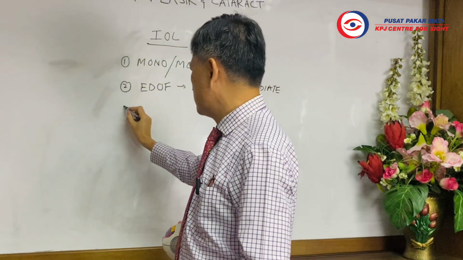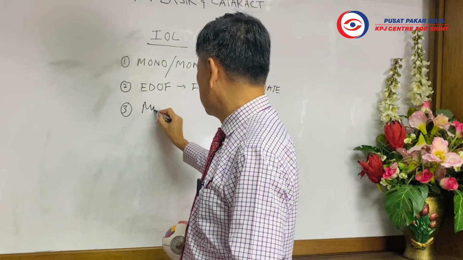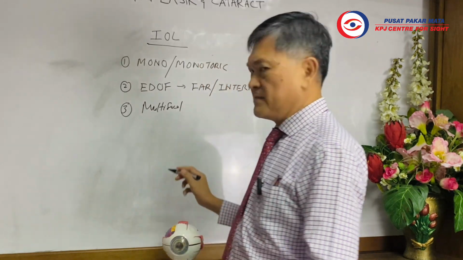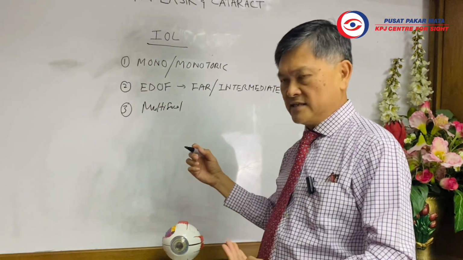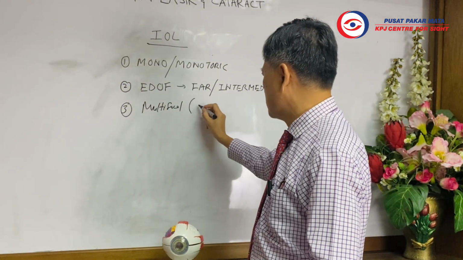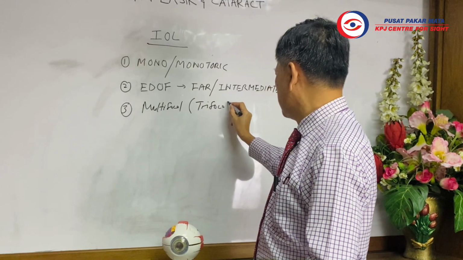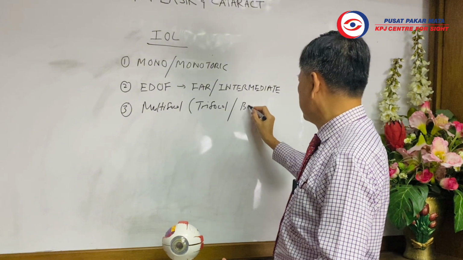Then the third type is called a multifocal. The multifocal allows the patient to see all ranges, far, near, and intermediate. So there are many types. They have trifocal, and then we also have bifocal.